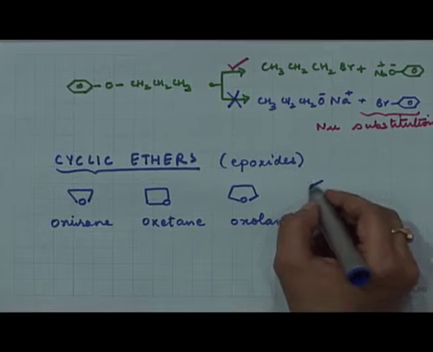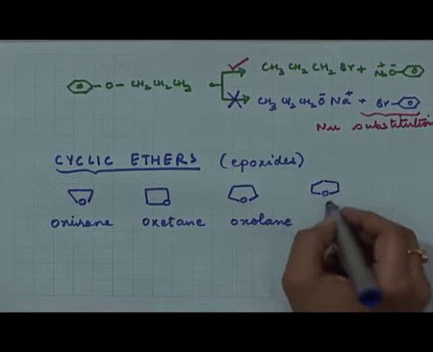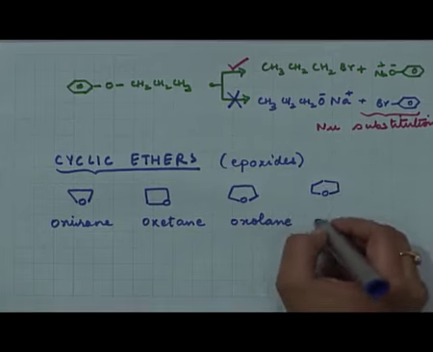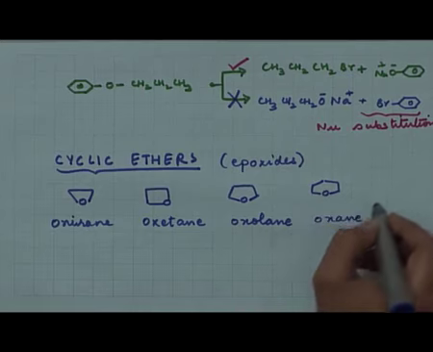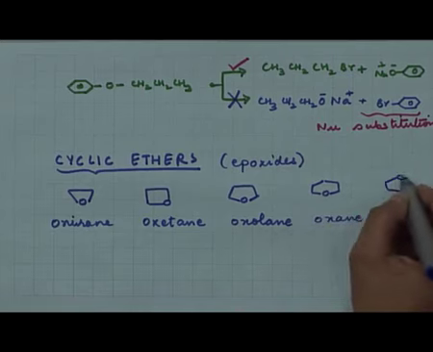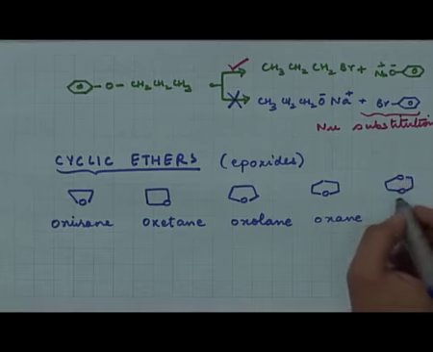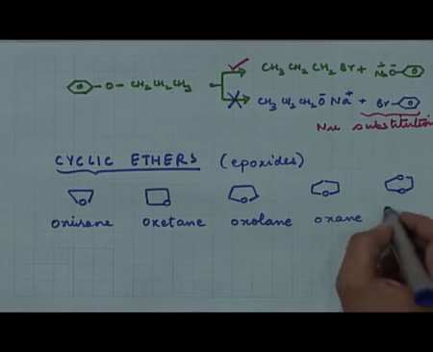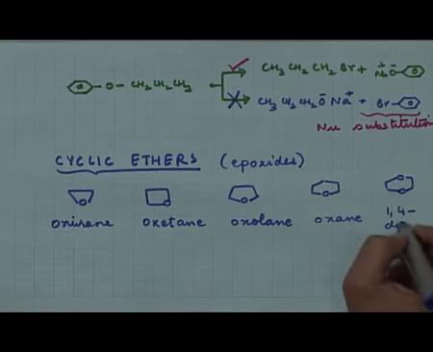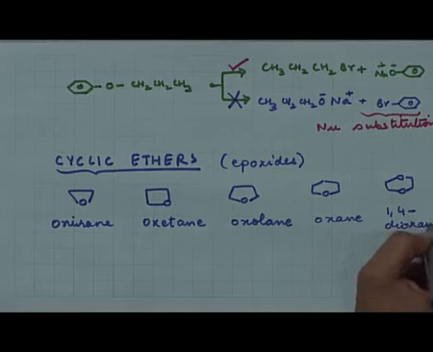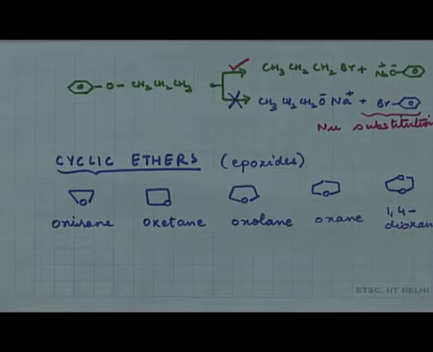And if it is a 6-membered, then it is called a tetrahydropyran, or this is an oxane ring. And if you have a 6-membered ring with 2 of these oxygens, it is bifunctional, you call it a 1,4-dioxane. So, these are some of the popular cyclic ethers which we know of.